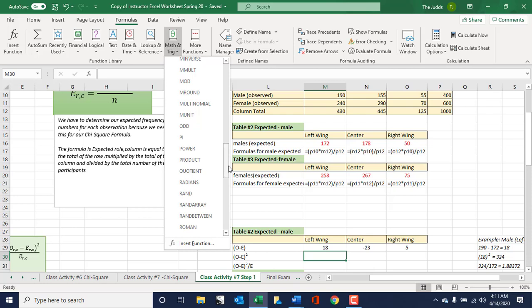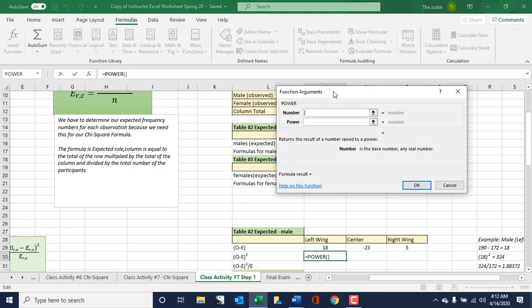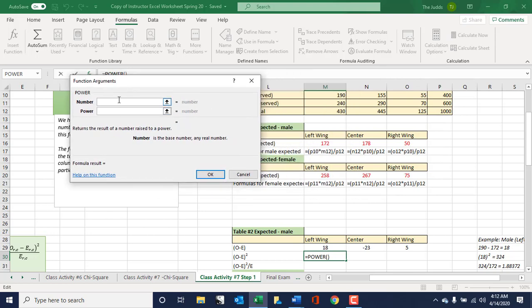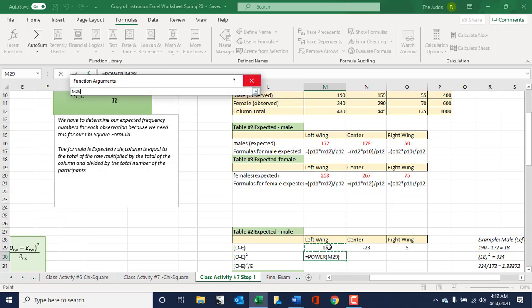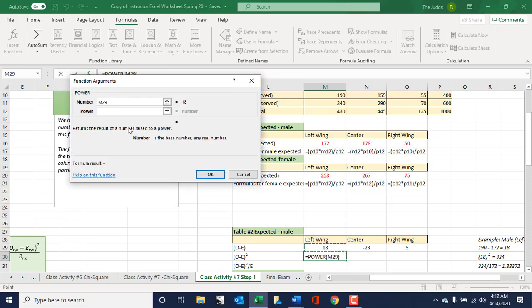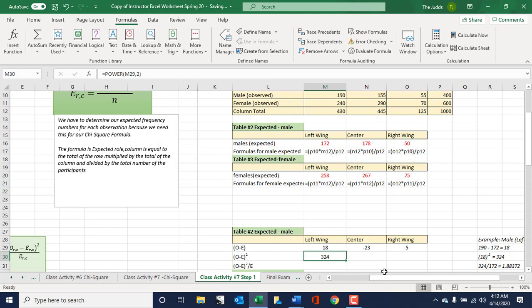I apologize. To find the power, go to the math and trig functions, then pull down your menu, and you'll get power. And it wants to know the number. For this one, it's going to be 18, and for the power, it's going to be squared, which is 2. So we get 324, which is 18 to the second power.